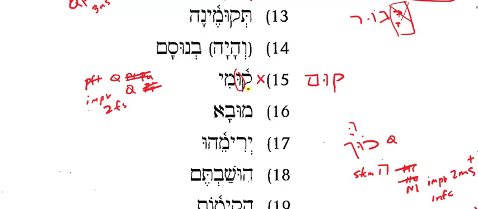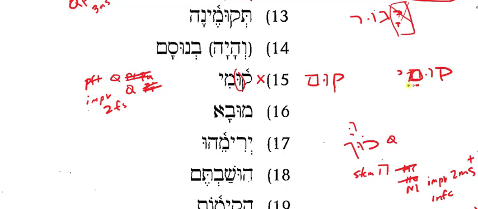Qumi. Now, the question was the accent mark, because not only is qum and Qumi the imperative, but the infinitive construct of qum is qum. And if I wanted to add a pronominal suffix to the infinitive construct, and I can, I could add a qamets yod here to say my act of getting up. My mem would have to go to the non-final form, so it can't be the boxy form, so I'll just round it here.